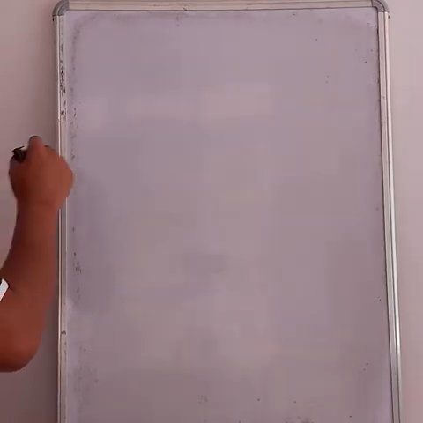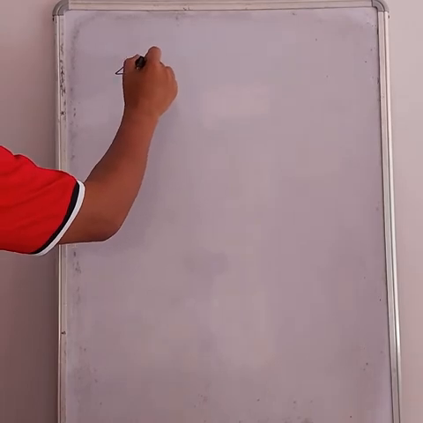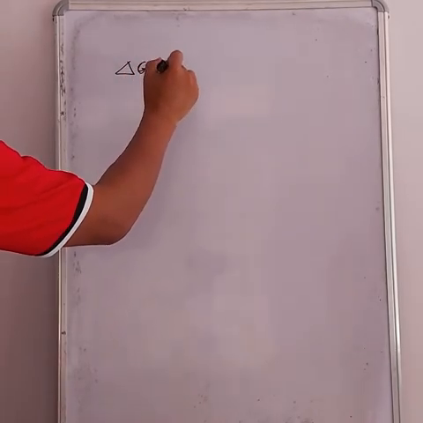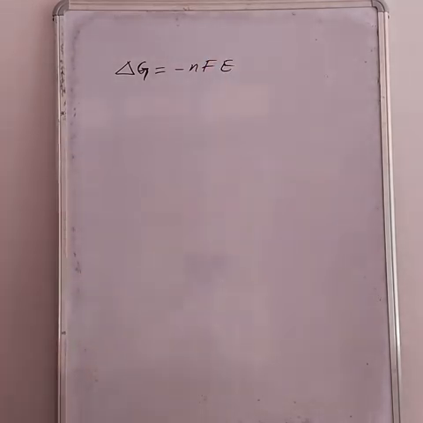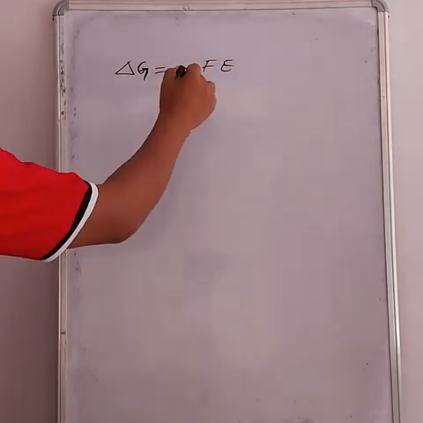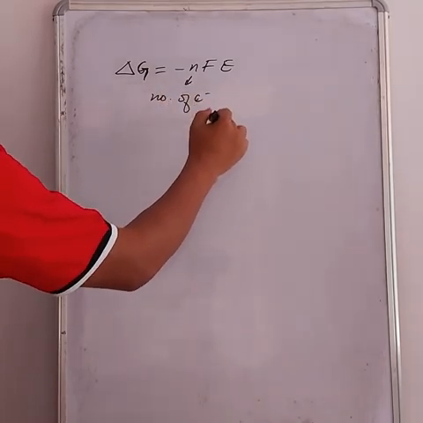And we can relate the electrochemical process to thermodynamics using the Gibbs energy change, and the Gibbs energy change is related to thermodynamic parameters by this equation. So here n is the number of electrons transferred during the reaction.